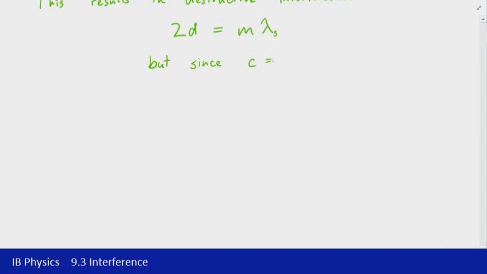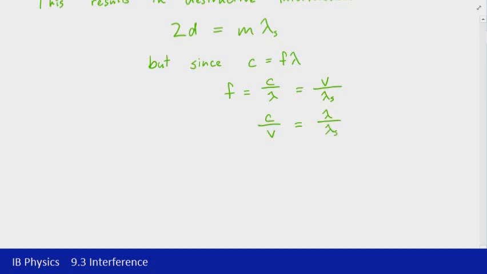We know that c is equal to f lambda, so c being the speed of light, lambda being the original wavelength, but we know also from that then that f can be written as c on lambda, and because frequency doesn't change during reflection or refraction, we can identify that that's also going to be the same as v, so the speed of the wave in the soapy bubble, over lambda s. From there we can look at the ratio of c on v, and that will be equal to lambda on lambda s, so just manipulating that equation.